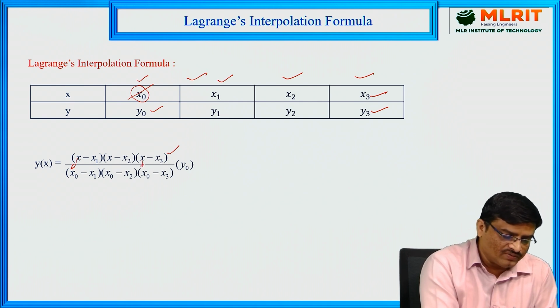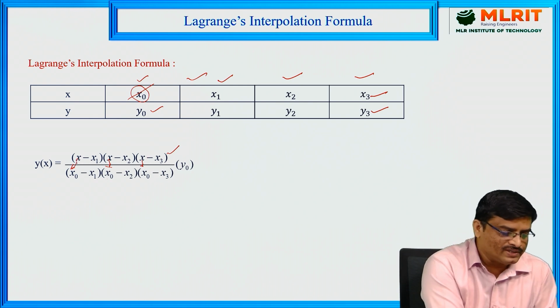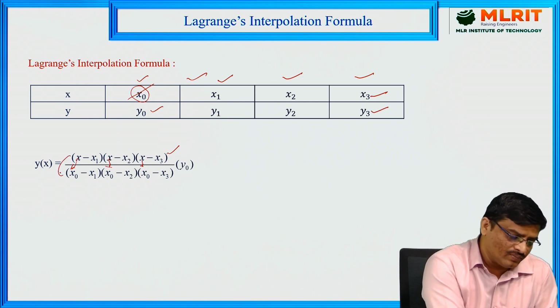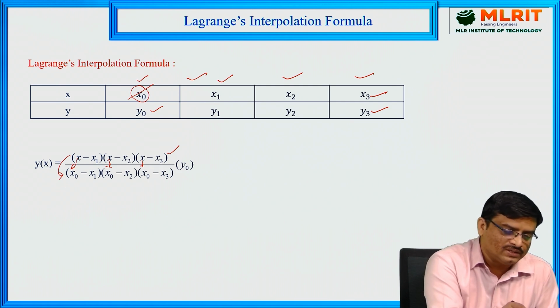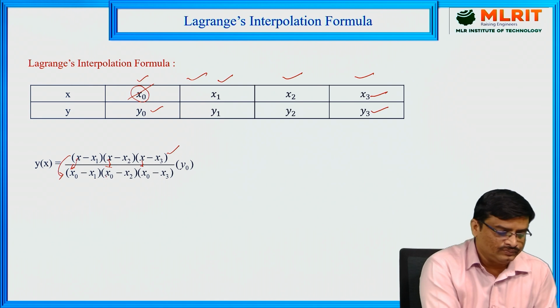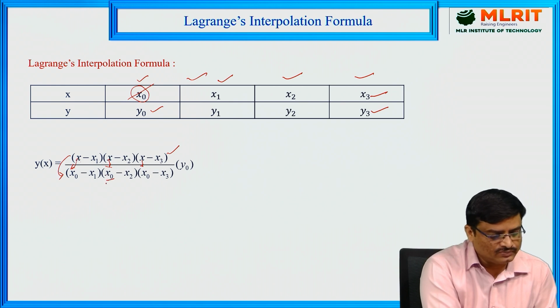So we take the same expression for the denominator, and in the denominator replace x with the value which we have neglected. Our neglected value is x0. So in the second term take x0 minus x1, and here also replace x with x0.